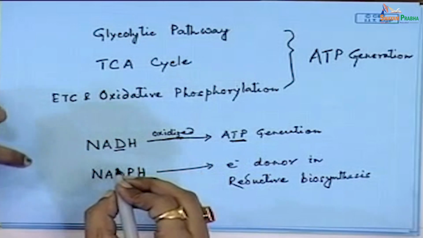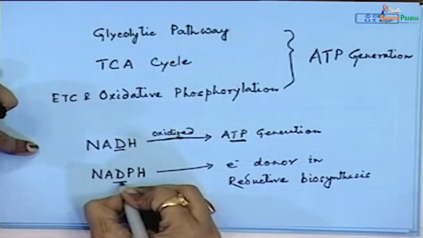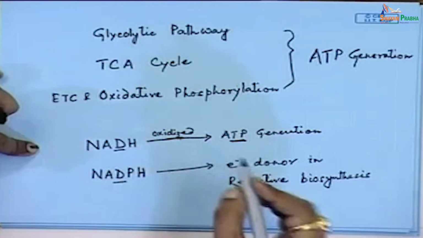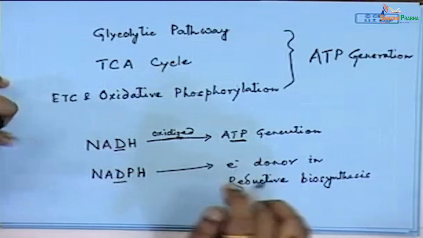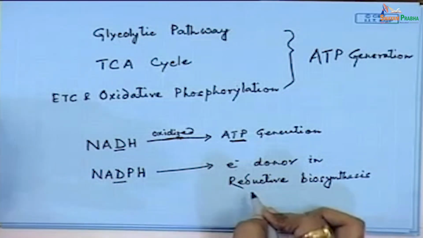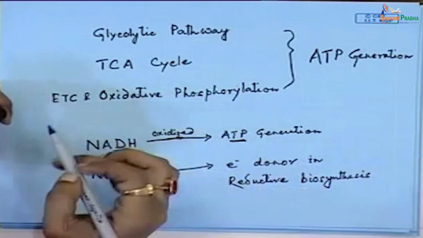But today's concern is with NADPH, which is acting as the electron donor, and it is the product of the reductive biosynthetic pathway, and it is helping in very many cellular activities going on inside the cell.